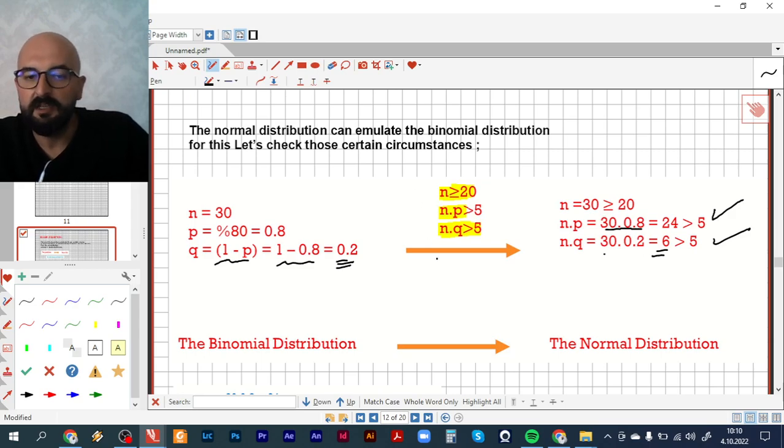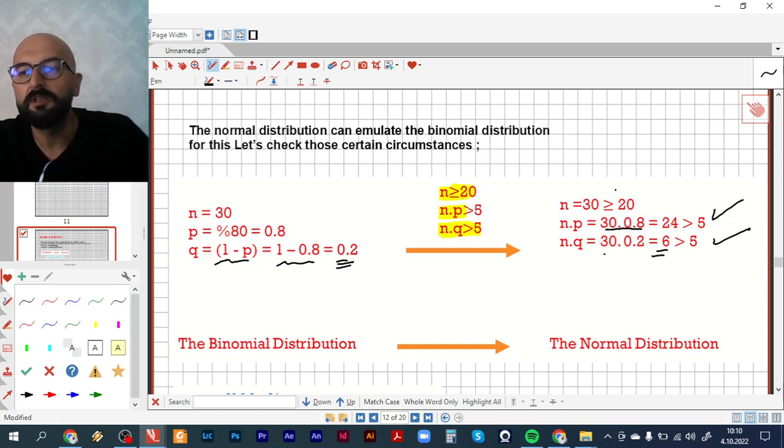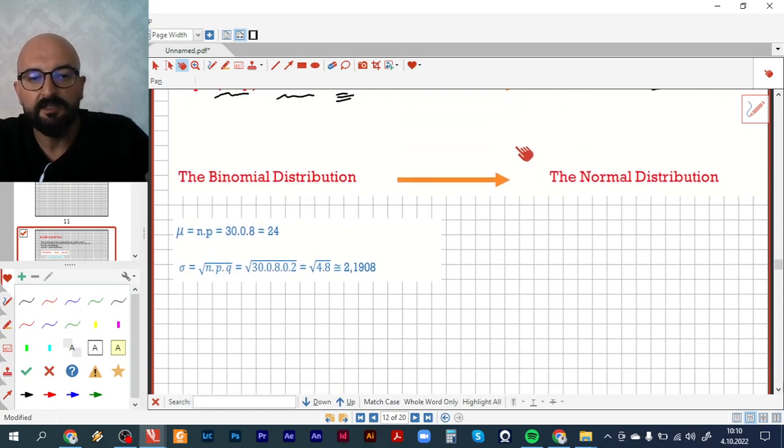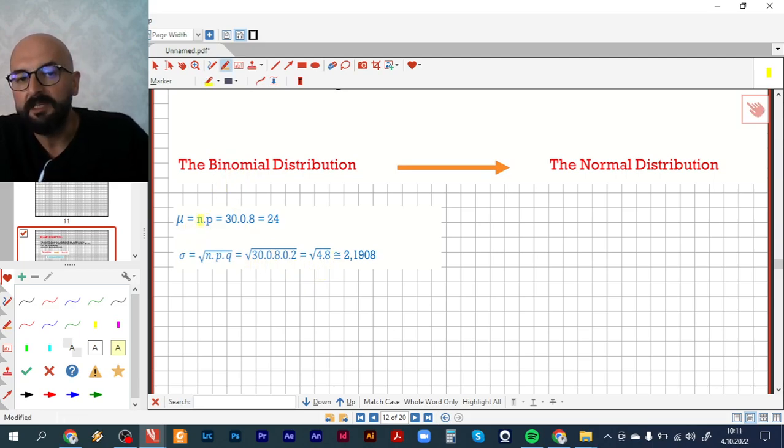Okay, so the binomial distribution can be approximated by the normal distribution, and we will compute the mean and standard deviation. Mu is n multiplied by p, so n is 30 and the probability of success is 0.8, which means 24.